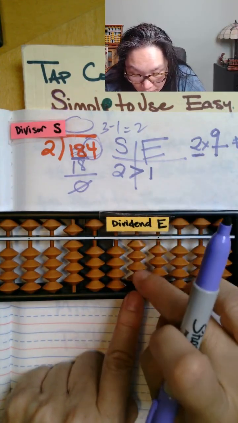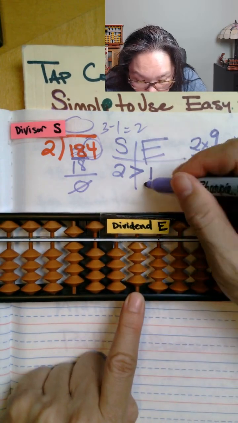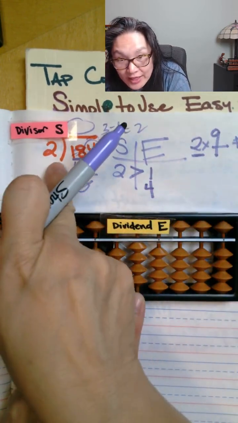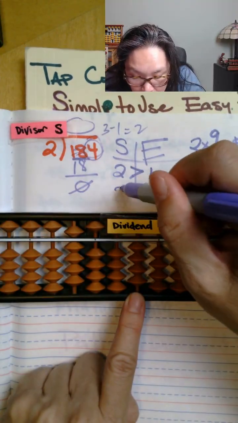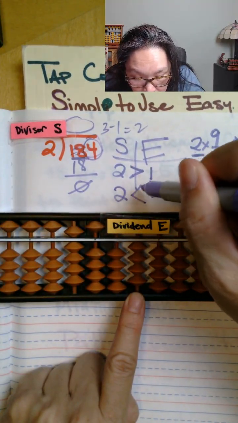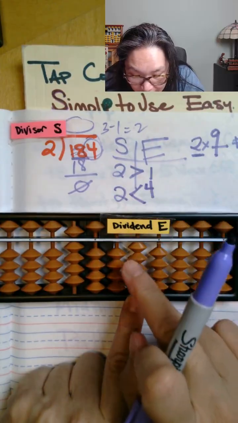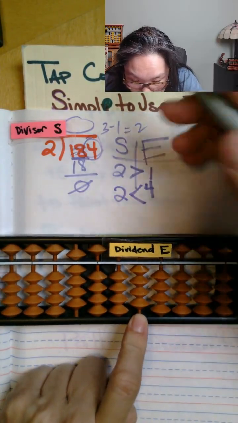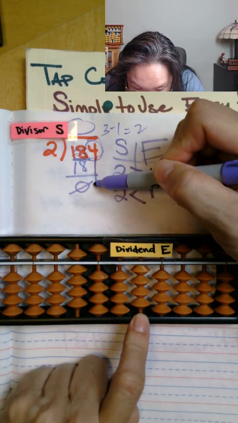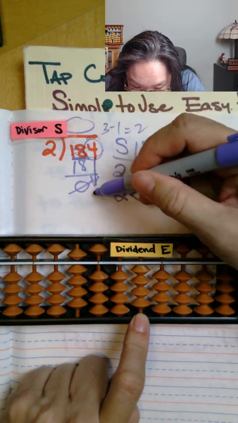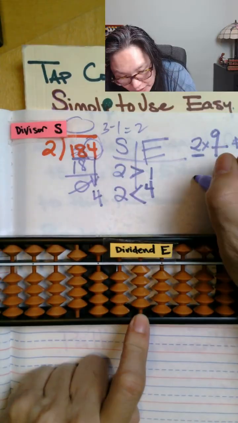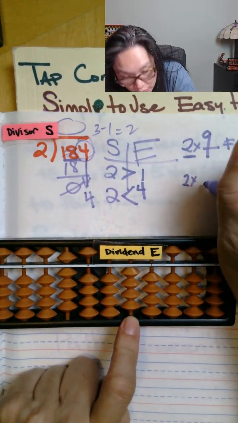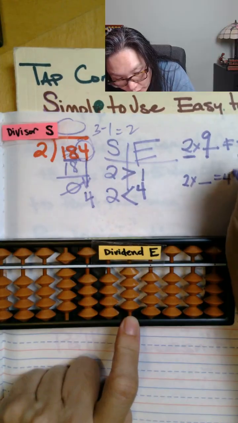That's the only one that's left. My divisor is 2. So my dividend is bigger. If my dividend is bigger, it's going to be able to come down. So 4, my question is what times 2 is equal to 4 or less?